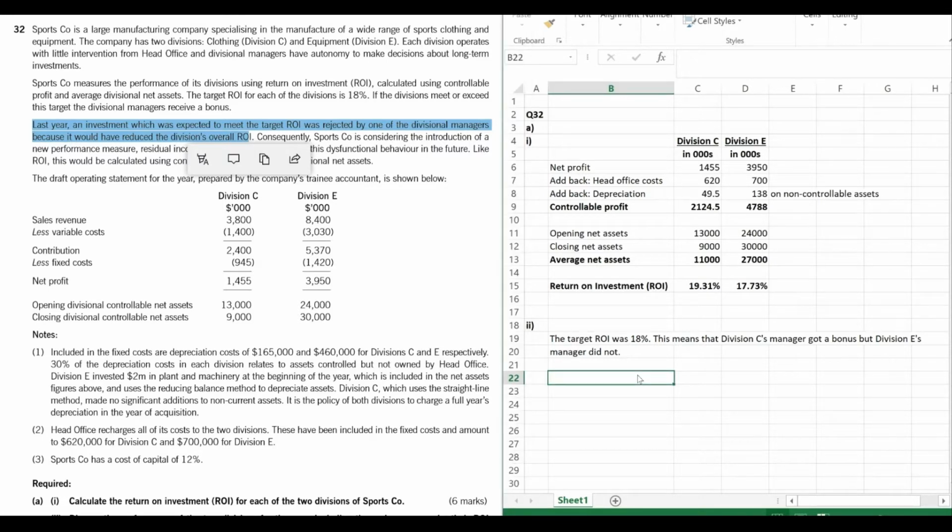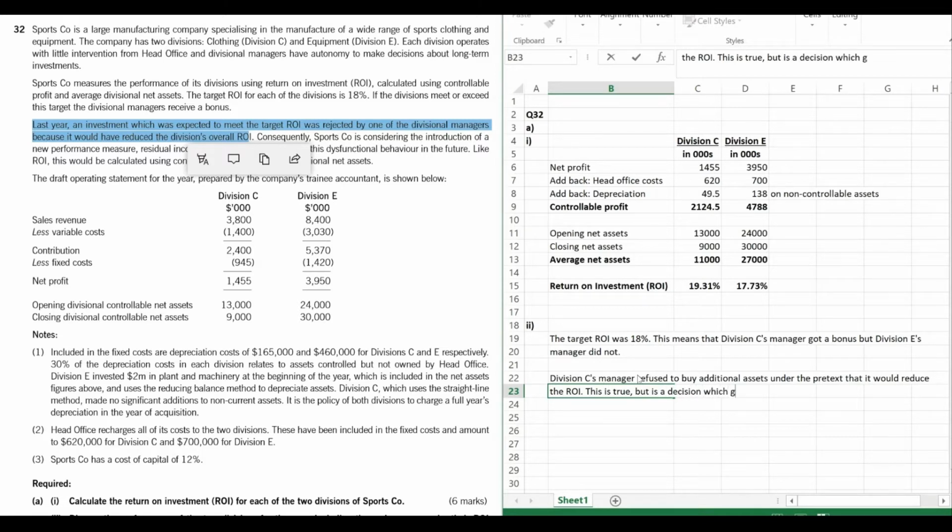So Division C's manager refused to buy additional assets under the pretext that it would reduce the ROI. This is true, but is a decision which goes against the interests of the overall company.